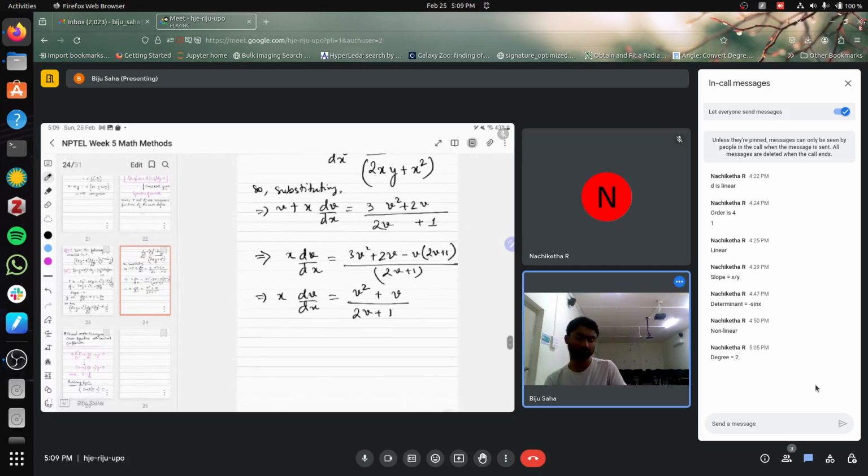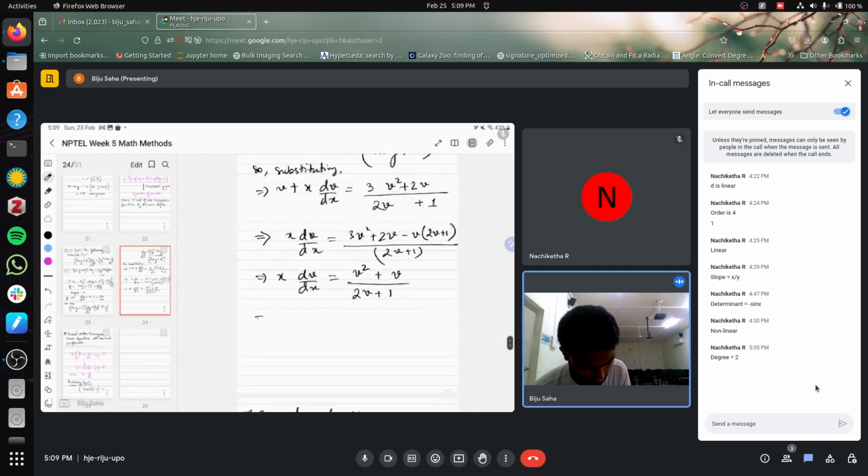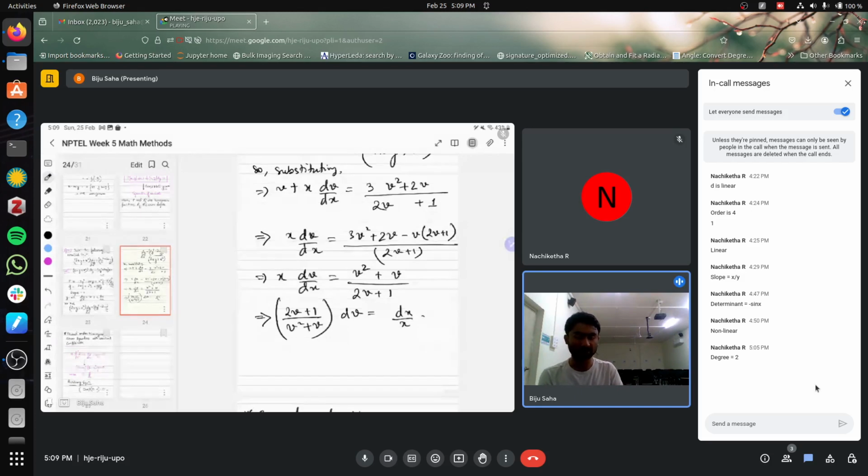Now easily you can separate it out. So basically you have 2v plus 1 by v square plus v dv equals dx by x. So you have separated out both the variables on the two sides. Now the next step is to integrate.